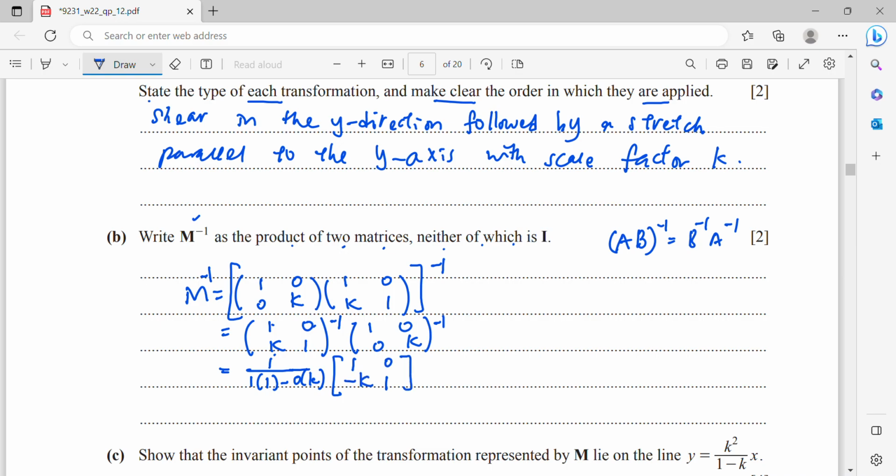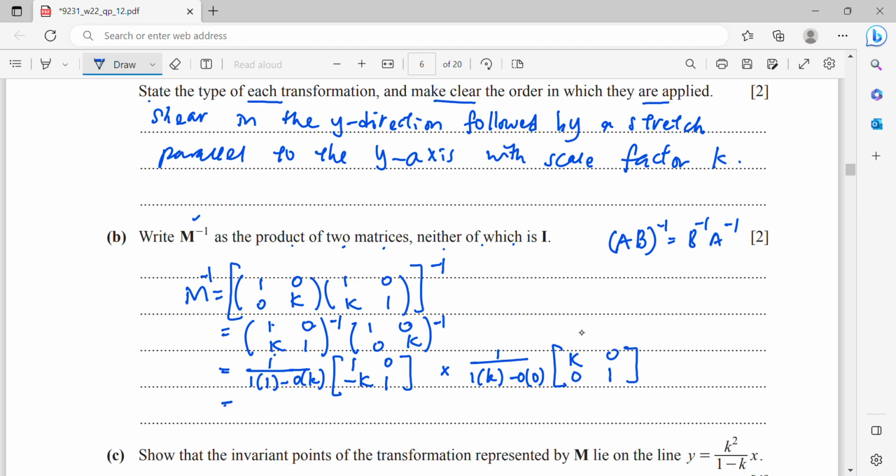So that is our first matrix, multiplied by 1 over the determinant of the second matrix [1 0; 0 k], which is basically 1 times k minus 0 times 0. Then multiply with the second matrix: you swap the 1 and k, so it becomes k 1. Then the two zeros, you multiply by negative, so it doesn't change.